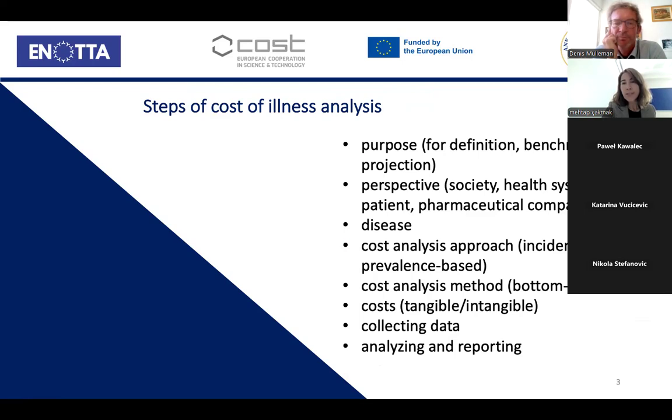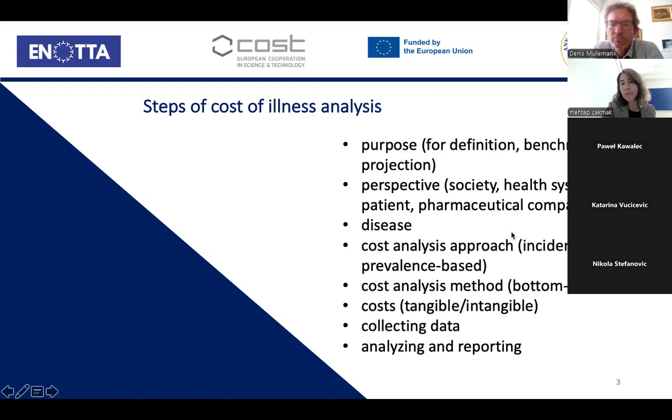Generally, health system or payer perspective, and sometimes pharmaceutical companies' perspective can be included in this analysis. And if we want to combine all of them, then the perspective is according to society, it combines them all.